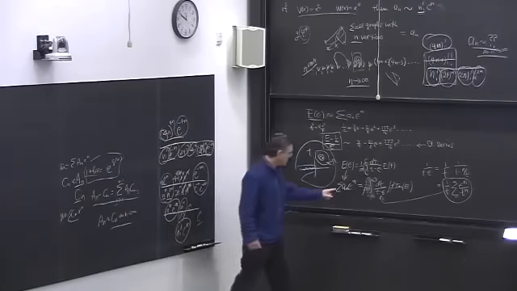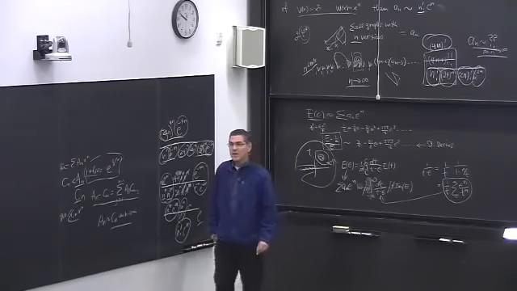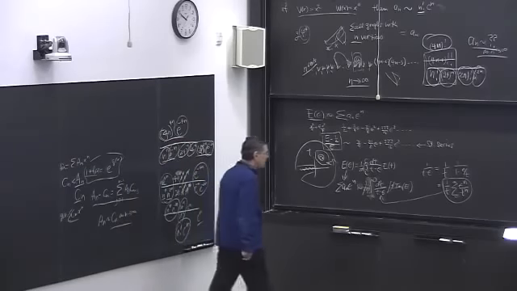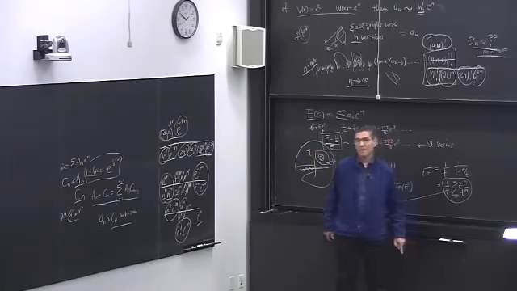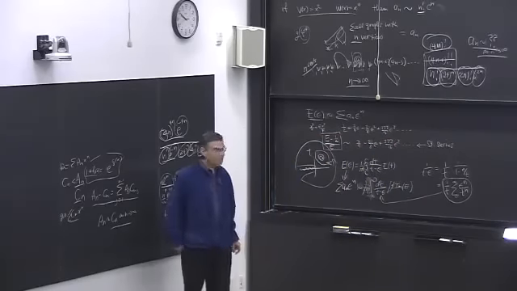Of course, I have to be careful. This is not really an equal sign, but it's an asymptotic sign. But asymptotic series are unique, and therefore, I can identify the nth term here with the nth term here. Got it?